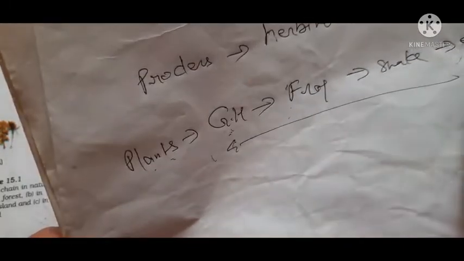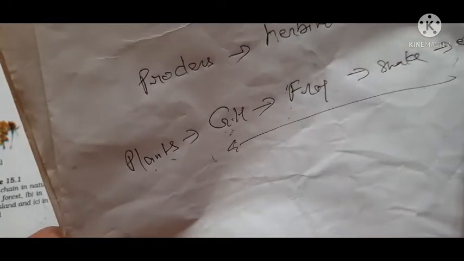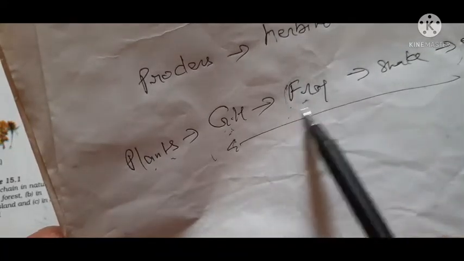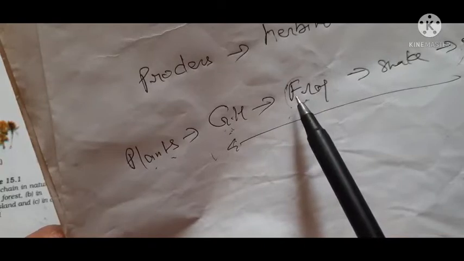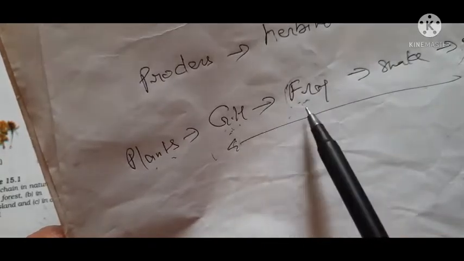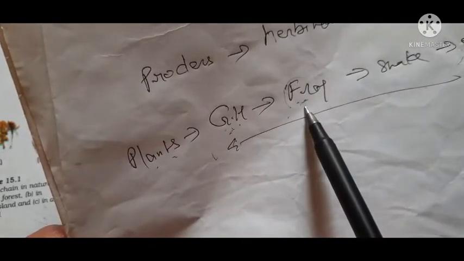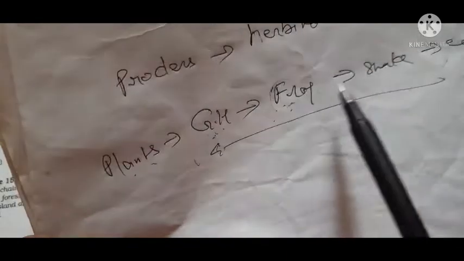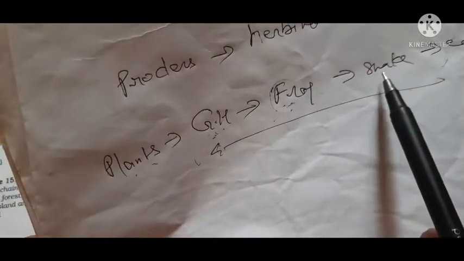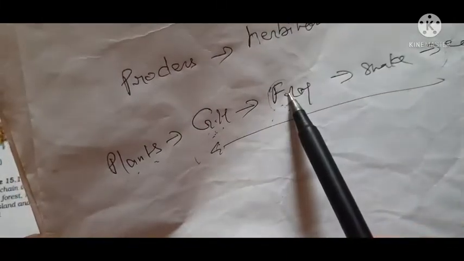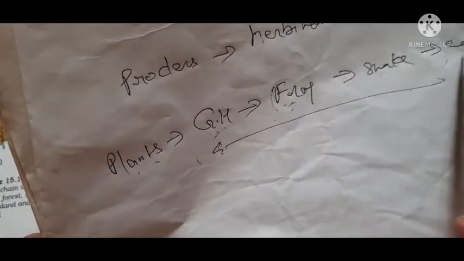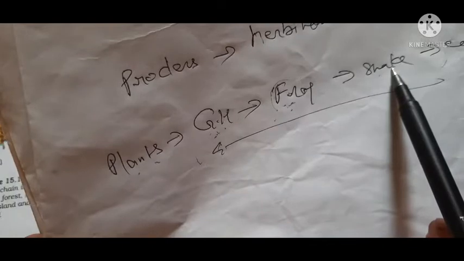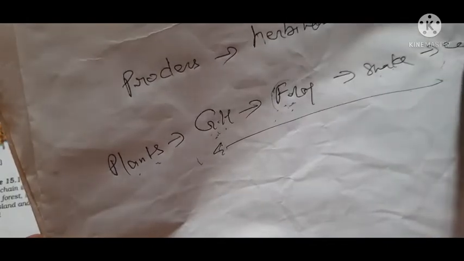The first carnivore which eats the herbivore is called the secondary consumer. The carnivore which eats the small carnivores is called the tertiary consumer, and the carnivore which eats the tertiary consumers is called the top carnivore.